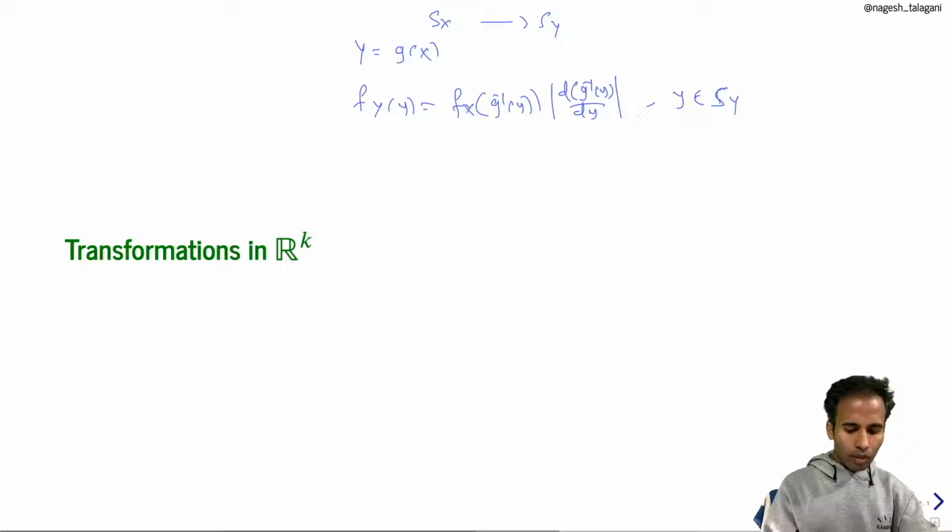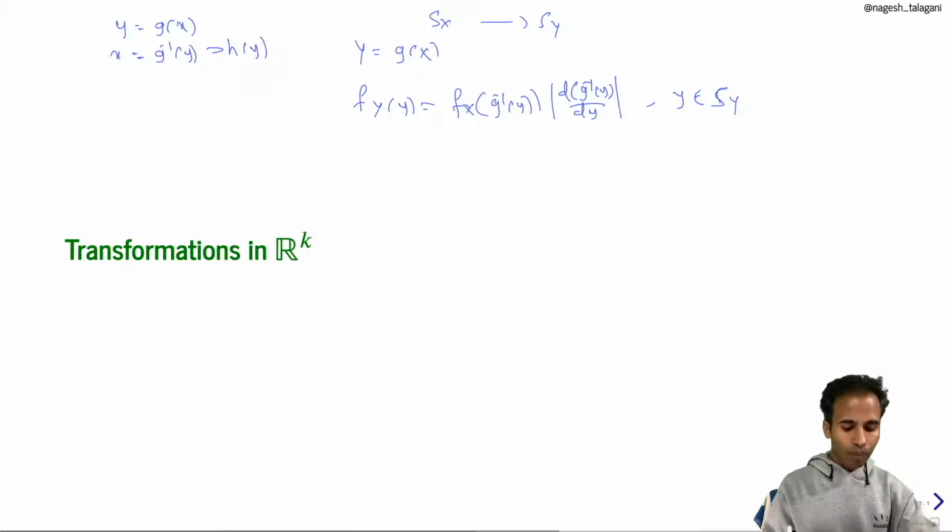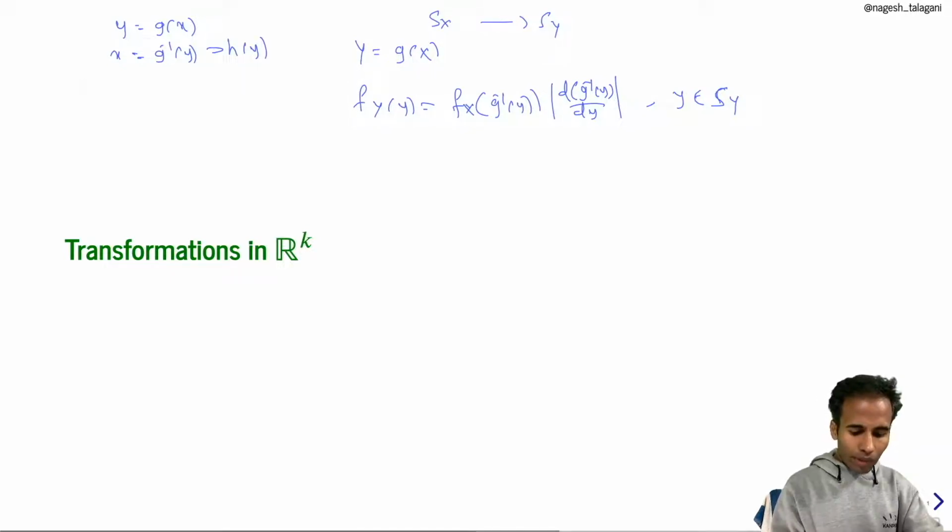Now let me write this way. Here the transformation y equal to g of x, if you solve for x, we have x equal to g inverse y. Let me call this h of y. Now we can also write this derivative of g inverse y with respect to y as dx by dy.